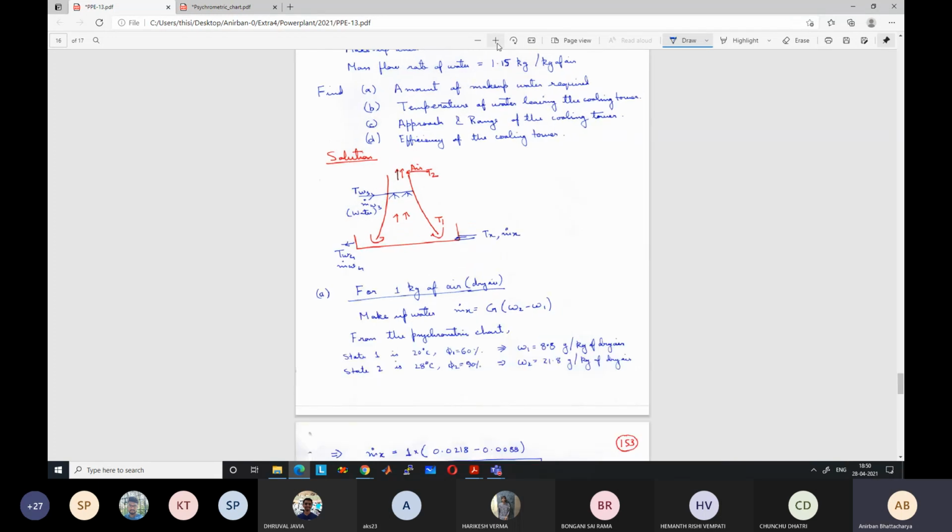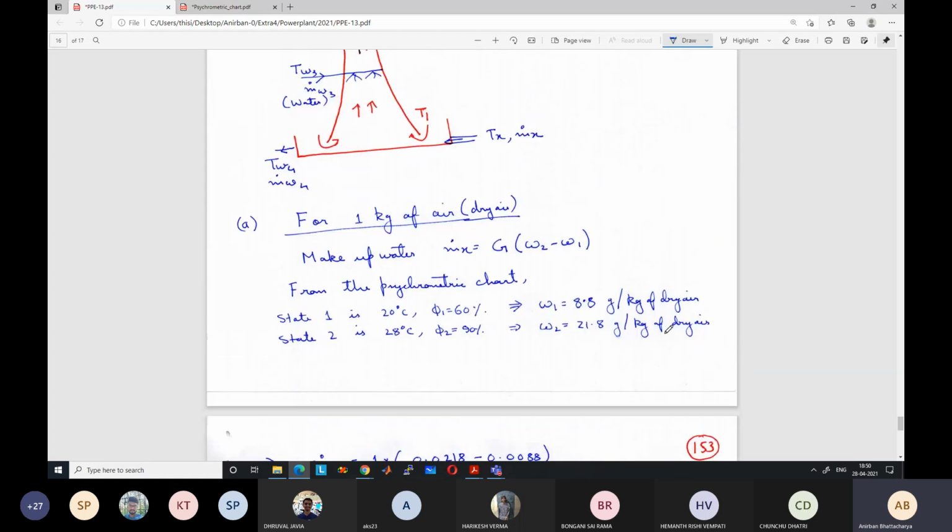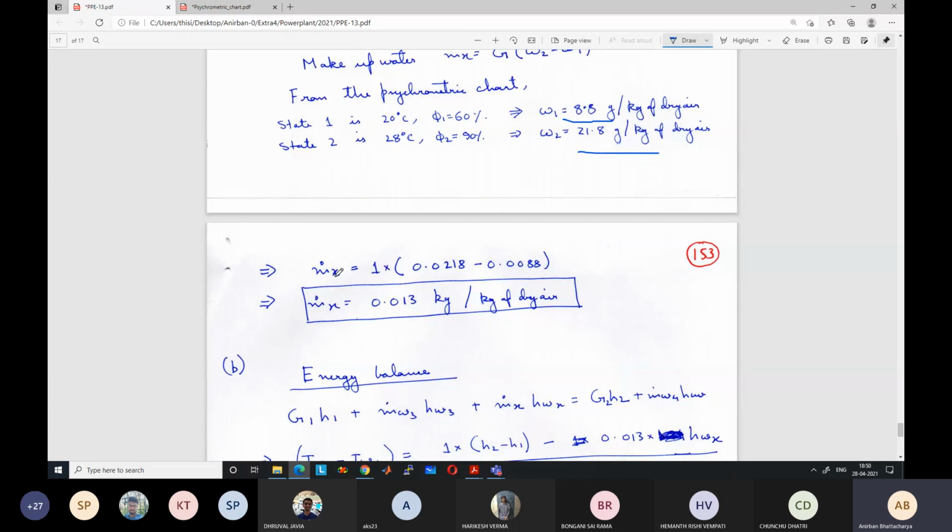So omega 1 is 8.8 and omega 2 is 21.8. So per kg of dry air, the mass flow rate of makeup water is 1 into, remember this was gram per kg of dry air, so we have to convert to kg, 0.0218 minus 0.0088, which is equal to 0.013 kg per kg of dry air. This is the amount of makeup water.